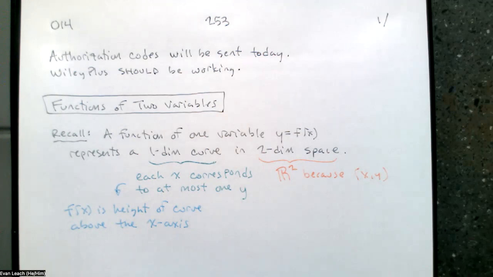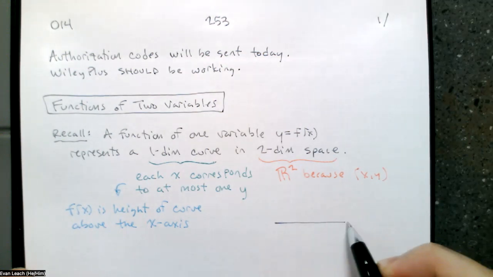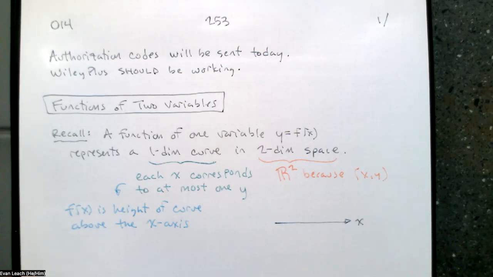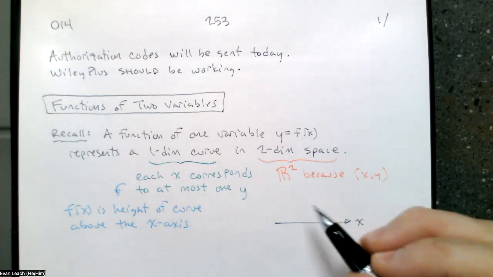So we're going to look at the value of the function, and we're going to keep that as the height above the x-axis. At each location x, we just mark a height above the x-axis. If it's negative, then it'll be the height below the x-axis. For each of these x values, we have some height above.